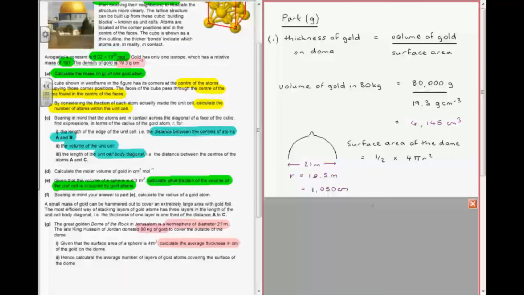So if we substitute that radius into our equation for the surface area of the dome, we find that the surface area of the dome is equal to 1/2 times 4 pi times our radius of 1,050 centimeters all squared. And if we do that sum, we find that the surface area of the dome is a massive 6,927,211 centimeters squared.